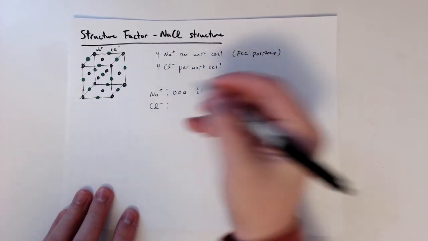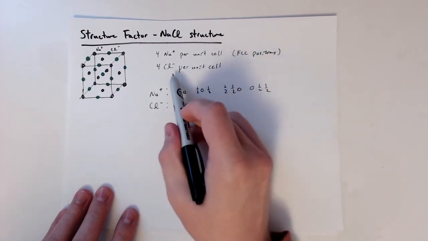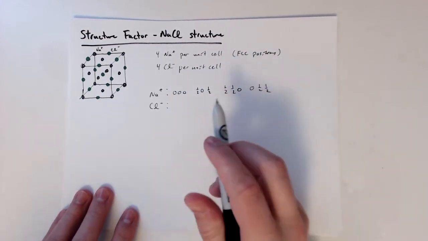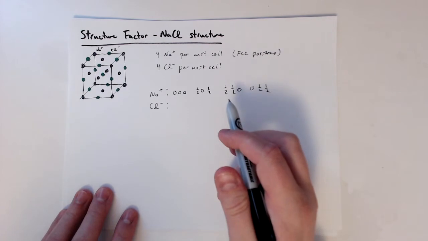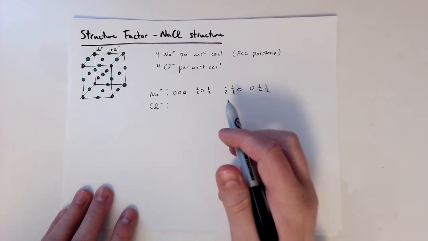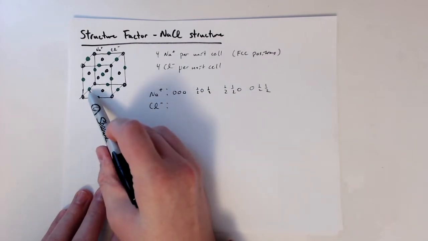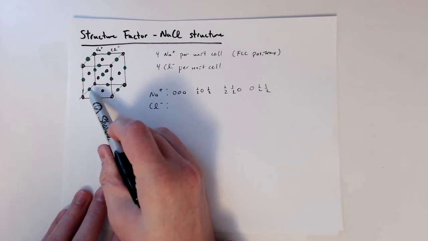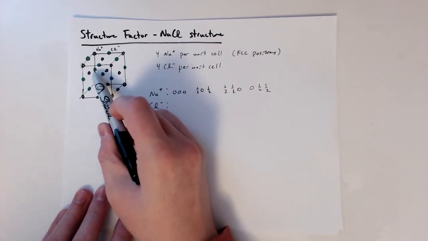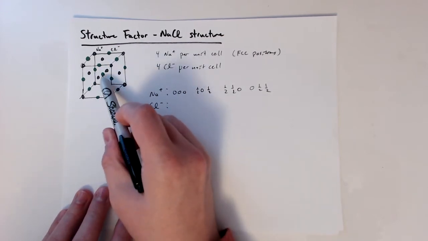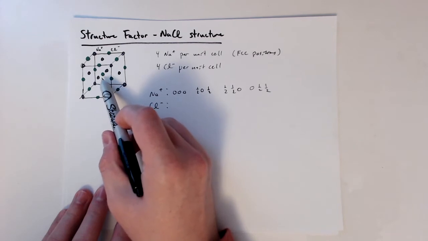Chlorine, same thing, we need to know 4. So we need to know 4 positions for the chlorine. And so we can go in the same direction. They are on the center of the edges here, like here, here, and here. And then also, it's a little hard maybe to see in my drawing here, but there's also one right in the center of the unit cell.